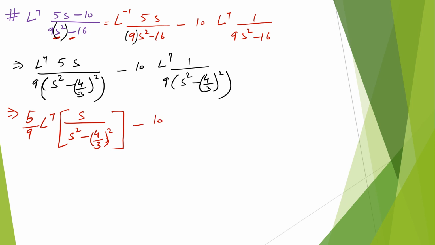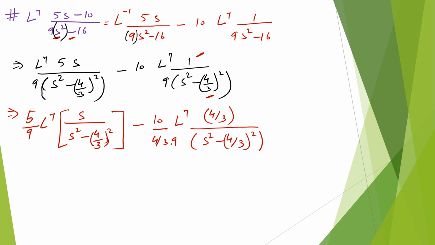Minus 10: to solve this, we require 4 by 3 over here. So we multiply by 4 by 3 and divide by 4 by 3, and 9 is common. So the value is s square minus 4 by 3 whole square.